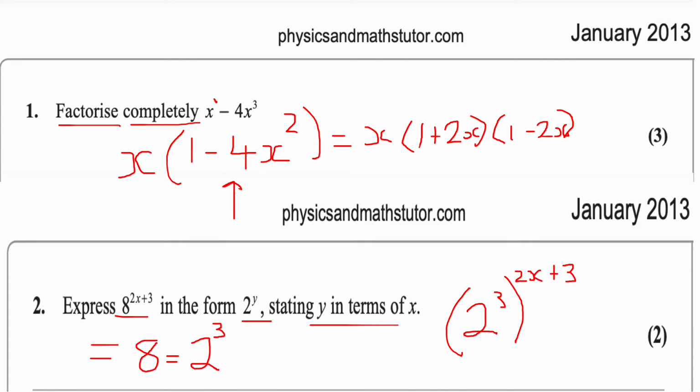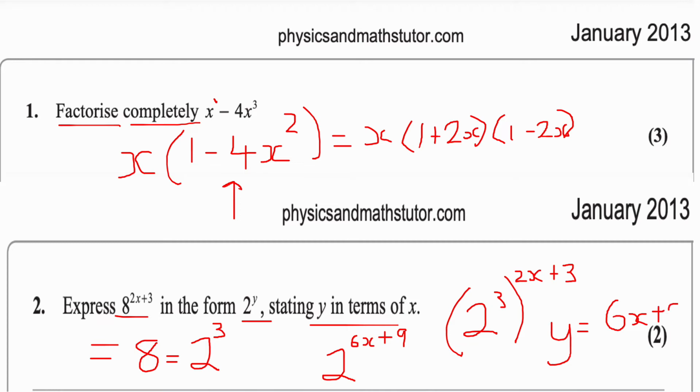Now the rules of indices state that if I've got a power raised to another power, I just multiply these together. So I'm going to have 3 lots of 2x, which is 6x, and 3 lots of 3 is going to equal 9. So in this case, just to answer the question, y is equal to 6x plus 9, or 9 plus 6x.